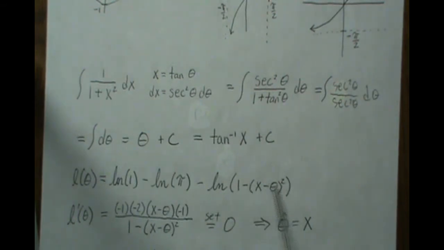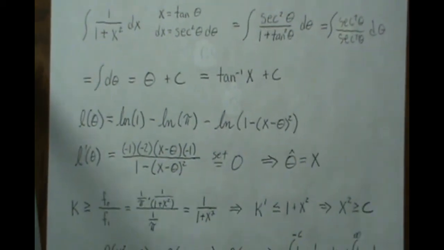So you get minus 2, then 1 less, and then the chain rule gives minus 1. We set it equal to 0. Multiply both sides, we still get 0. That's a constant, send it to the other side, we get x minus theta equals 0. So theta is equal to x.